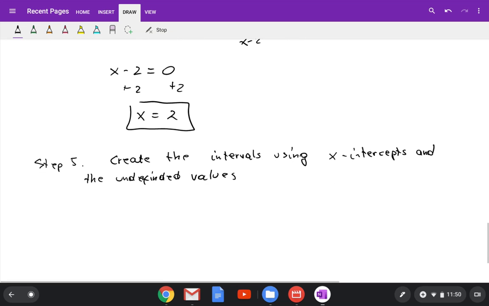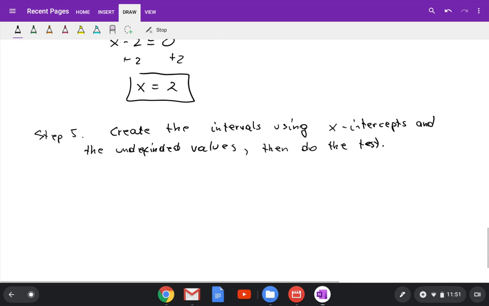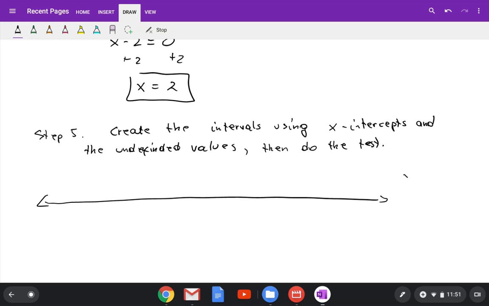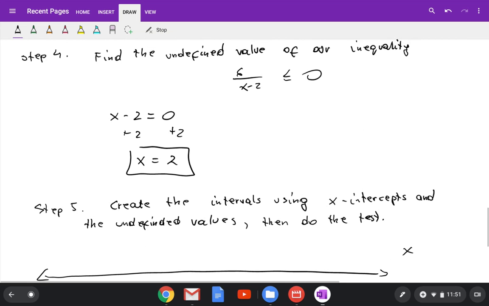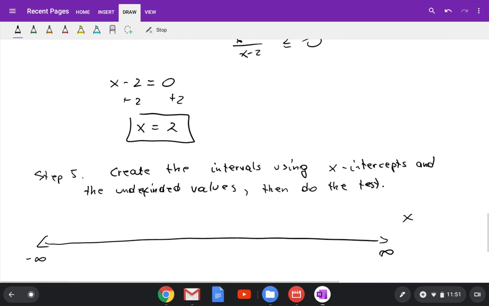So then do the test. Okay, so this is our number line. The solution of inequality is in terms of x values. We have negative infinity and then we have positive infinity. Since we don't have the x-intercepts, we only have the undefined value, which is x equal to 2.